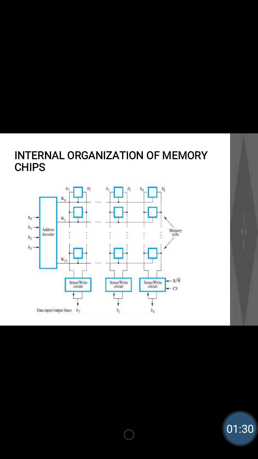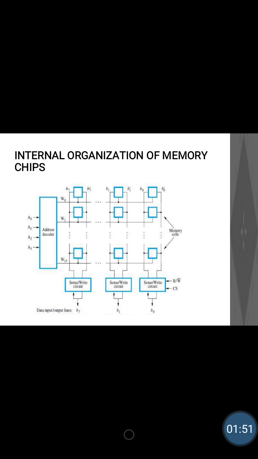It's not that only B0 till B7 or W0 till W15 should be there; it depends on the size of the memory. So the row of cells constitutes a word and all cells of the row are connected through a common line called the word line.